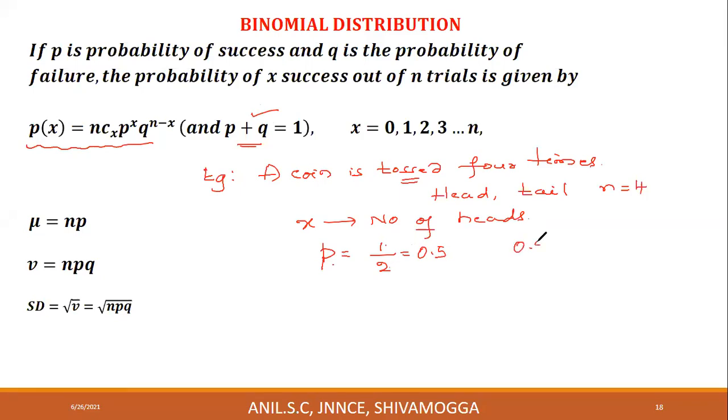Therefore, P is 0.5, plus Q is equal to 1. Therefore, Q is also equal to 0.5. Then the probability function P of X will be nCX, n is 4, 4CX into 0.5 whole power X into Q power n minus X, Q is also 0.5 whole power n minus X. n is 4. Therefore, 4 minus X. This is the probability function.